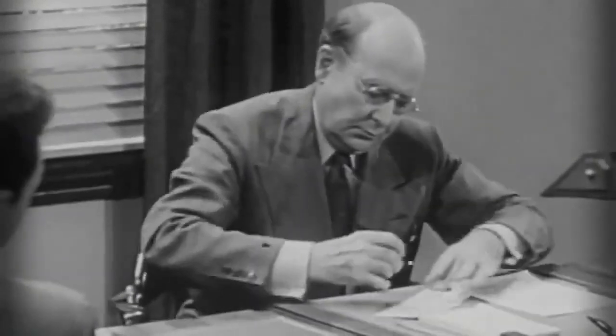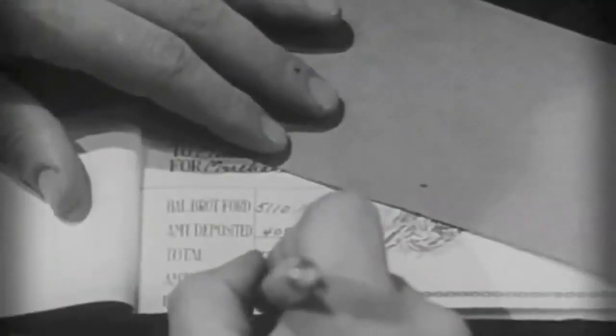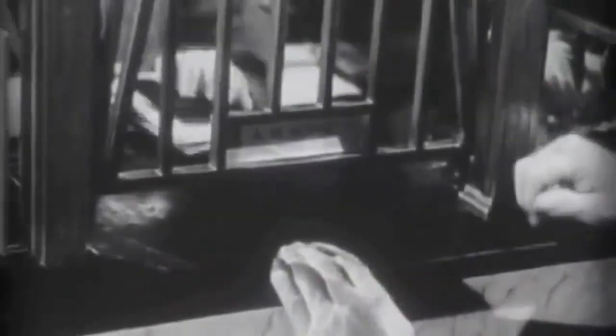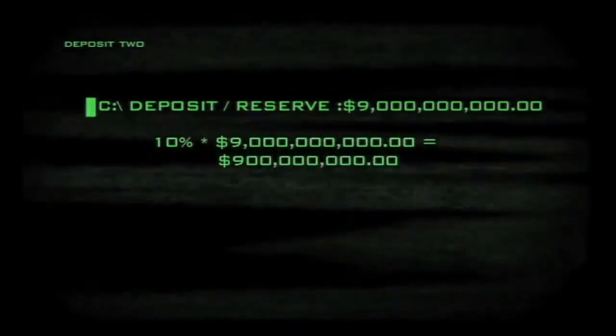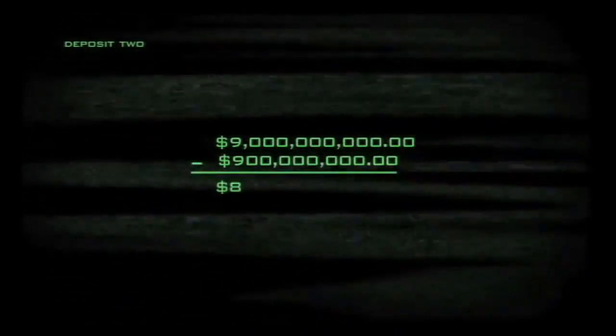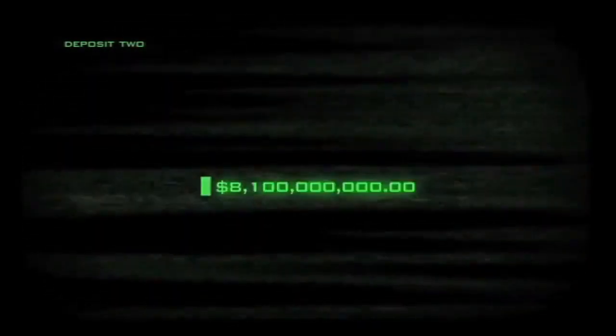Now, let's assume that somebody walks into this bank and borrows the newly available $9 billion. They will then most likely take that money and deposit it into their own bank account. The process then repeats, for that deposit becomes part of the bank's reserves. 10% is isolated, and in turn 90% of the $9 billion, or $8.1 billion, is now available as newly created money for more loans.